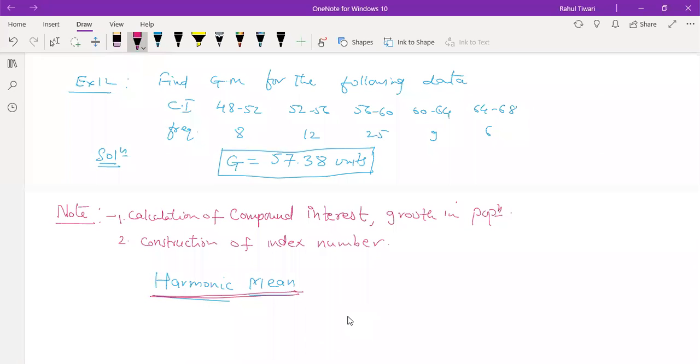Shivani, can you hear me? So, any question related to geometric mean? Anyone? No question?